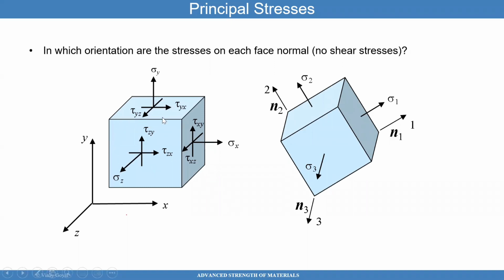So one of the questions we asked was, if I were to find an oblique plane, some sort of plane here, is there a plane at which the traction force acting on that oblique face is perpendicular to that surface? So there's no shear stresses in that plane.